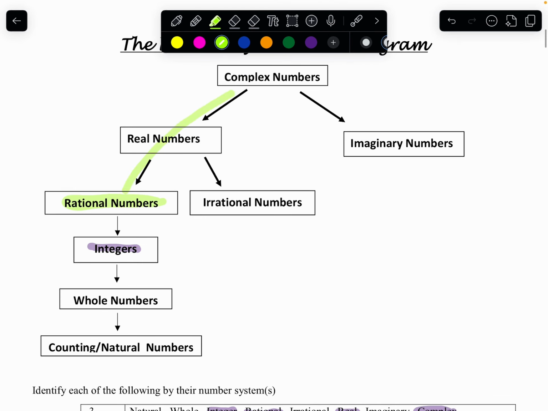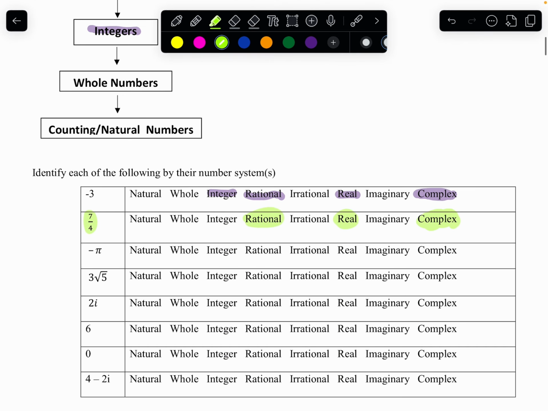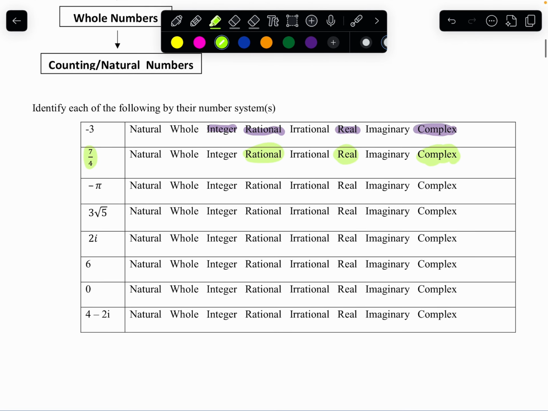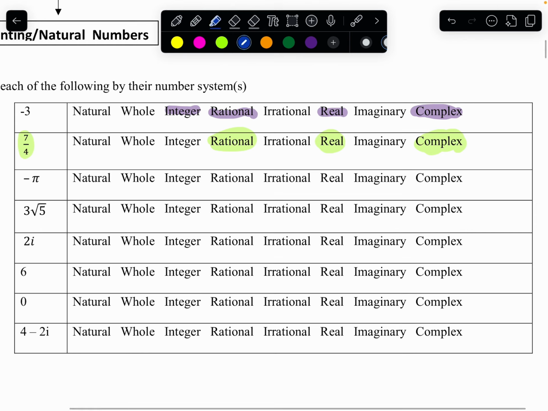You have to work from the bottom up. Then we have -pi. -pi is irrational, but it's real and it's complex. If you haven't figured out already, every one of these is going to be complex. 3 rad 5, again, it's irrational, but it's real and it's complex.